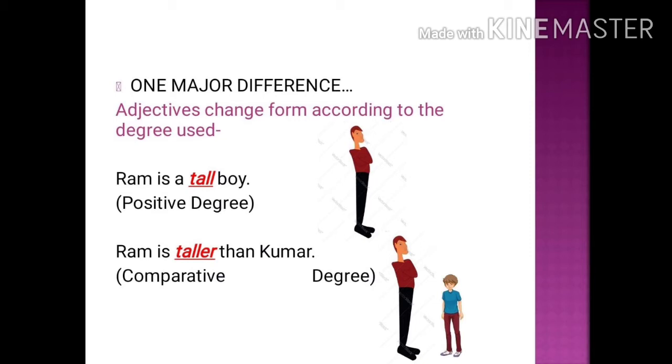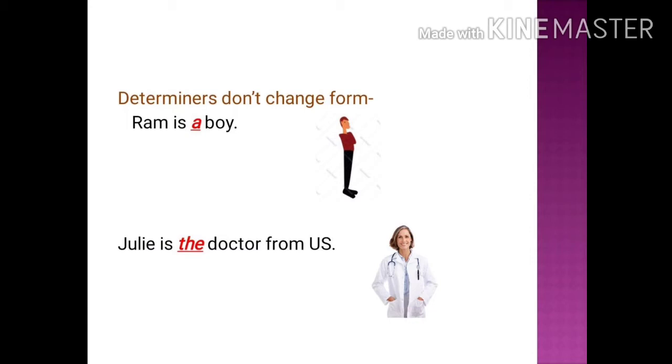Look at the next example. Ram is taller than Kumar. Here it is in comparative degree. The same adjective tall has become taller. So adjectives change form. However, determiners don't change form. I have given you two determiners here. In these two sentences, Ram is a boy, Julie is the doctor from US.